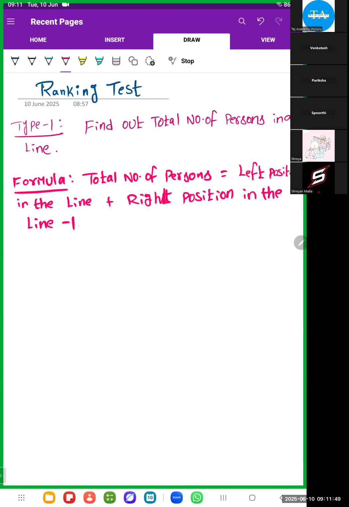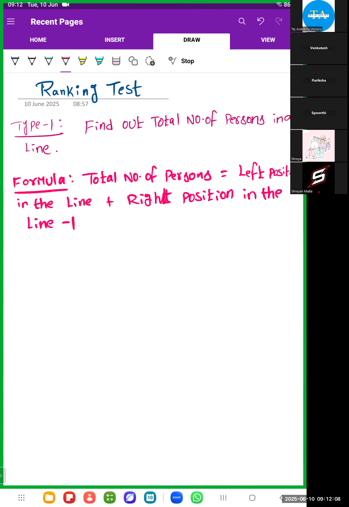Okay, this is the formula. Total number of persons is equal to left position of the line plus right position of the line minus 1. So left position, plus right position, minus 1. So this is the formula.